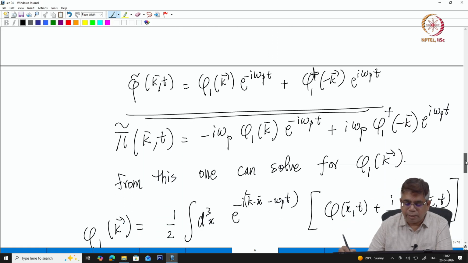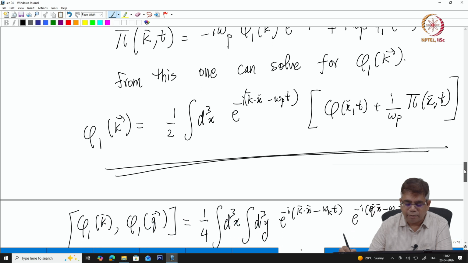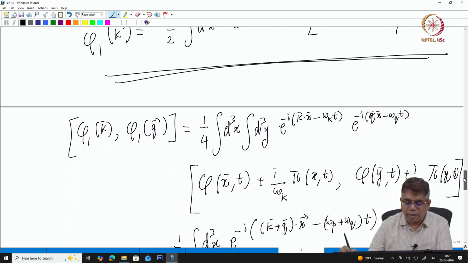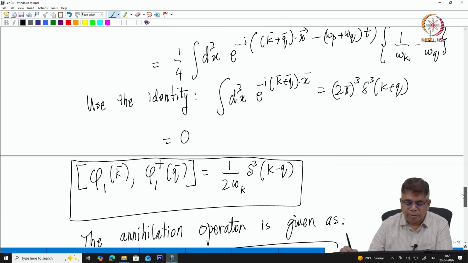With this, putting it back into this, one can solve for phi of k,t, and so we end up having a bunch of expressions again in terms of a of k and a dagger of q. Again we get back the momentum space canonical quantization conditions, which give you this in this particular fashion.